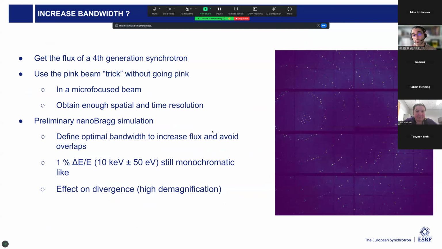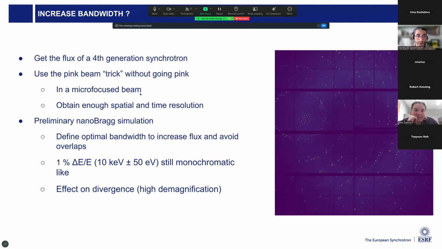In that perspective, we were very much influenced by what Laue beamlines were already doing, in particular ID9, and of course BioCARS. And we started thinking about using what I call the pink beam trick, by trying to get more flux by expanding the bandwidth.